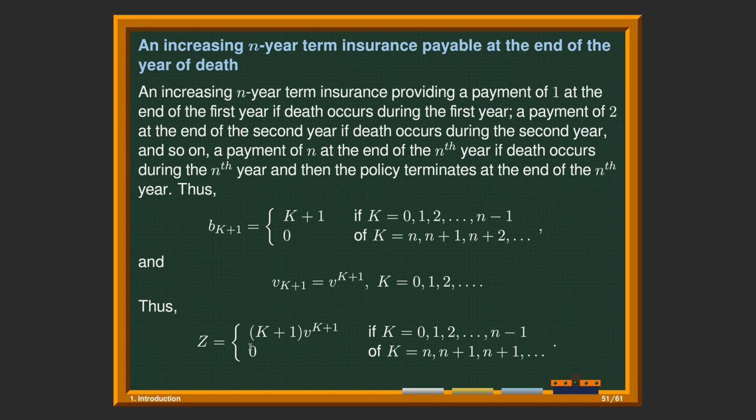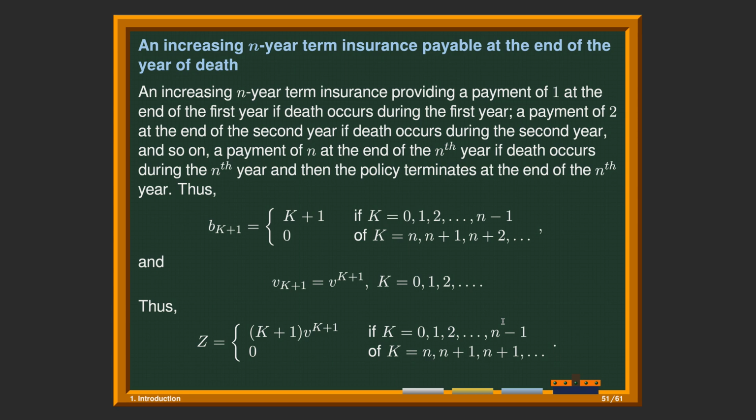Anyway, when you take z, this will just be 0 because 0 times v to the k plus 1 is 0. Okay? So the z that we want is this form. It's k plus 1 times v to the k plus 1 if k is 0, 1, 2, up to n minus 1, and 0 if k is n, n plus 1, and so on.